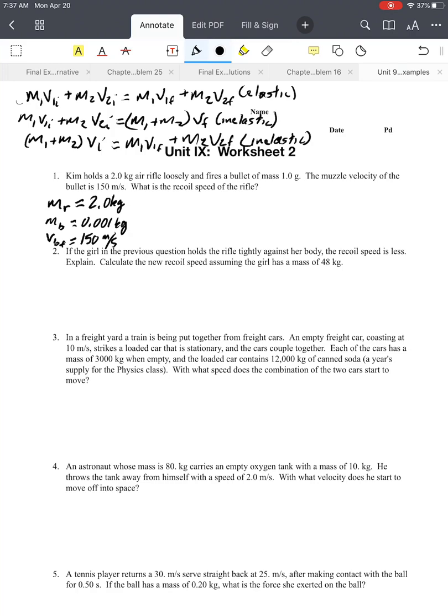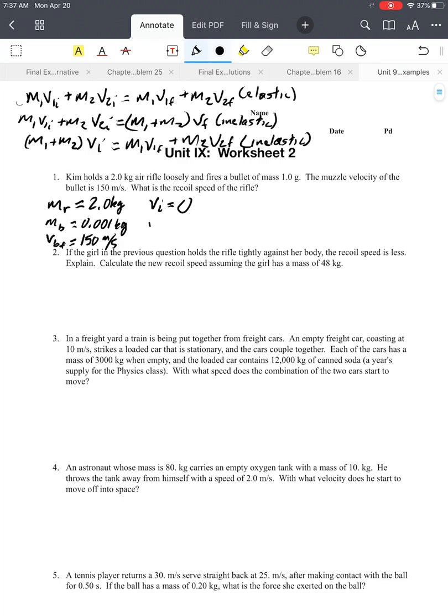And then it wants to know what the recoil speed of the rifle is. One other thing I can write down is that there's going to be an initial velocity of the bullet and the rifle, and that's going to be 0, because they're just sitting there waiting to be exploded apart. They're not moving along. And then what we're trying to find is VRF. So that is the recoil speed of the rifle. Put a question mark there.